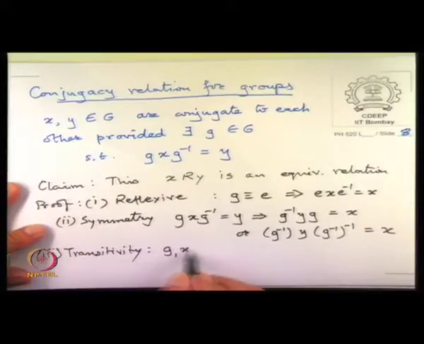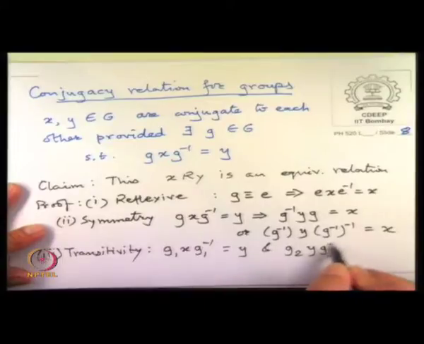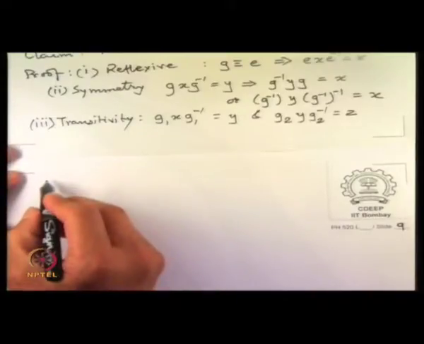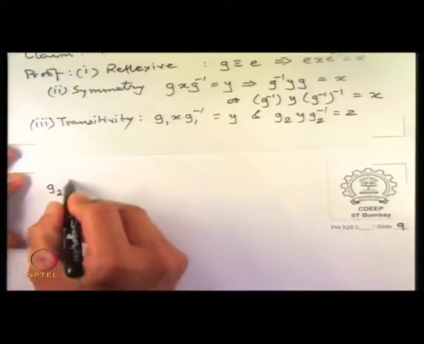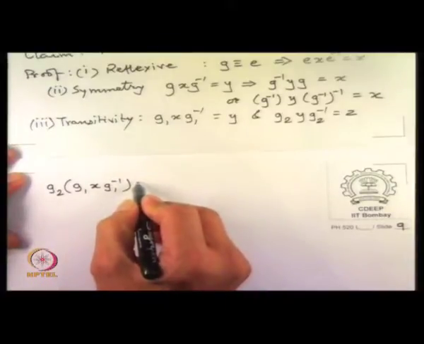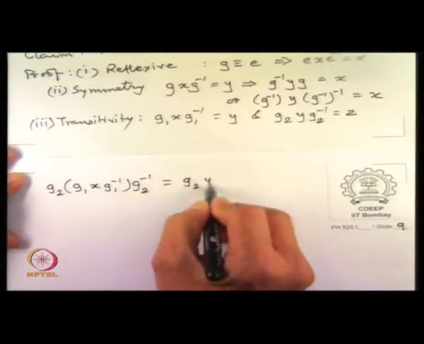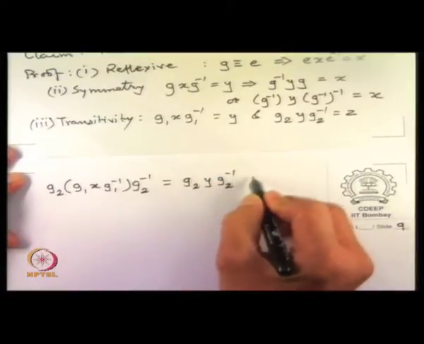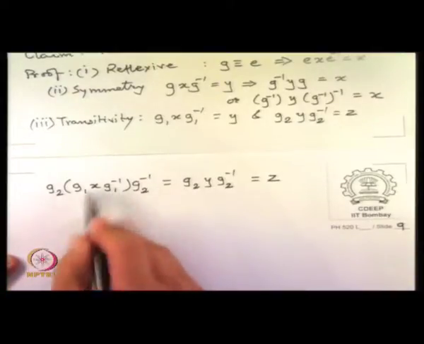suppose g1 x g1 inverse equal to y and g2 y g2 inverse equal to z, then we can see immediately that g2 g1 x g1 inverse g2 inverse is equal to g2 y g2 inverse, which is equal to z, because the inner part is nothing but y.